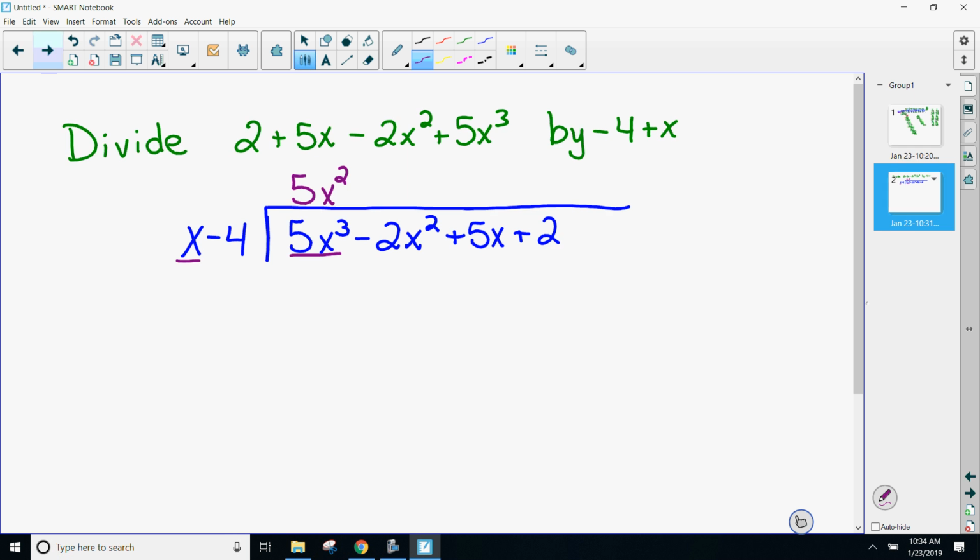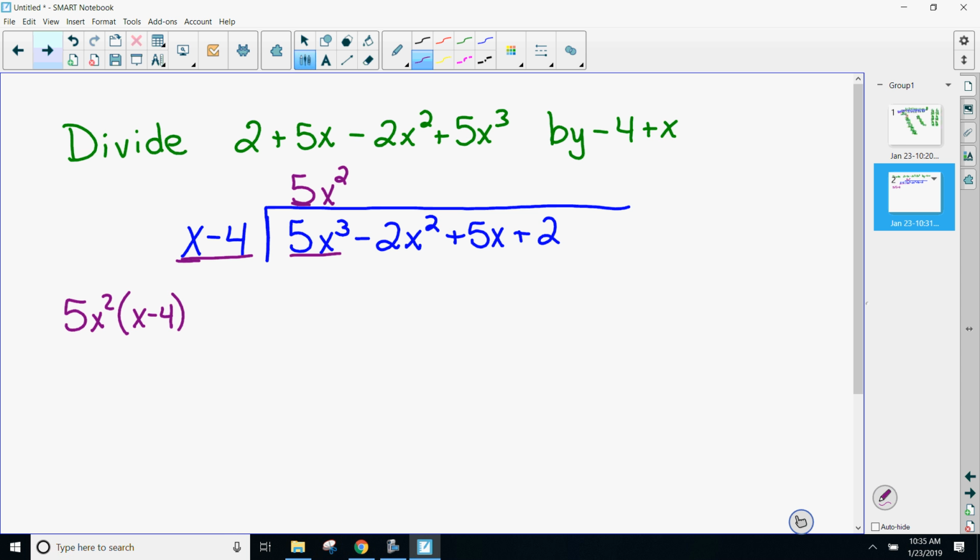When I talk about this process, what you're doing is you're multiplying 5x squared times this number out in front. That number just has 2 terms. So I need to take 5x squared and I have to multiply by x minus 4. Which says you do what property? Distributive property.